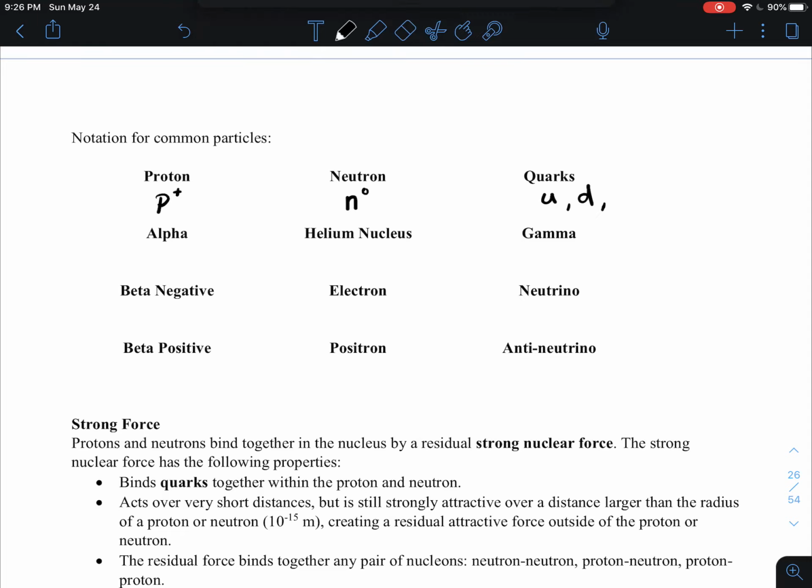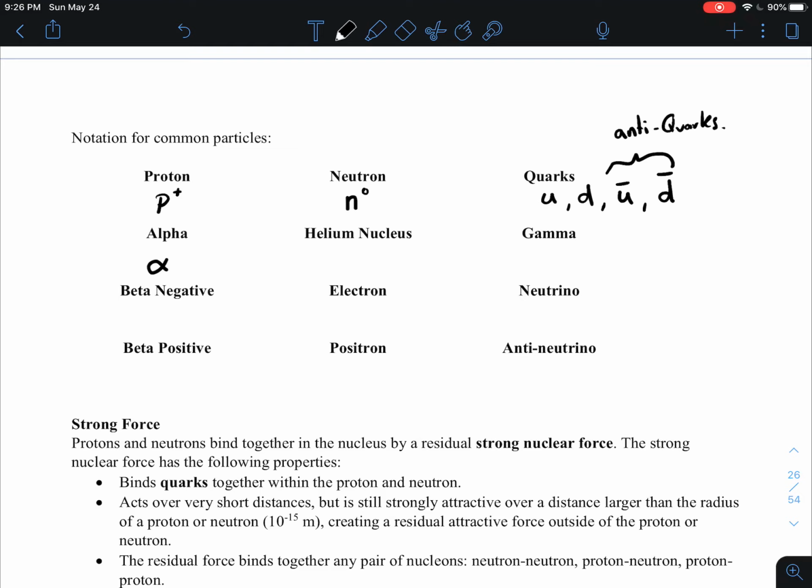And also, which we'll talk about in a second, there's something called an anti-up or an anti-down. And anti, so we're just going to put a little line above it to show that these are anti-particles. So these are anti-quarks. And we'll talk more about those in our last topic.